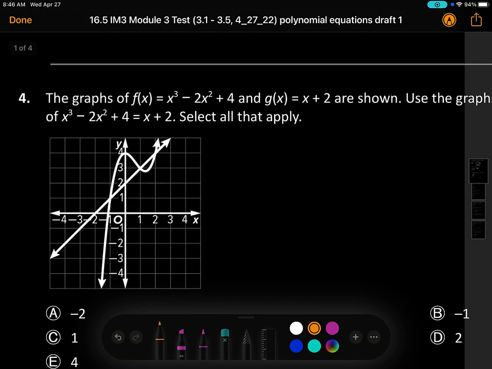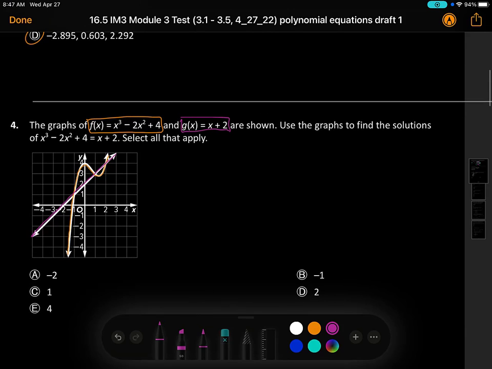All right, question number 4. I have the graph of f of x, and that one's cubic, so that'll be this one, the orange one. And then you have a linear, which is this one, pink. They are shown. Use a graph to find the solutions of this polynomial equation.